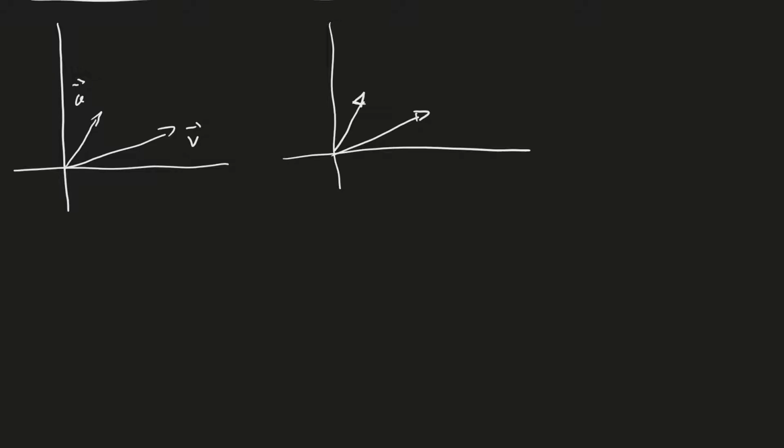So if I have one vector here, let's call it V, and a vector here, if we call that U, then typically what you would do for the sum is you would take the V and the U, and then you can draw a parallelogram where this side is parallel to this vector.